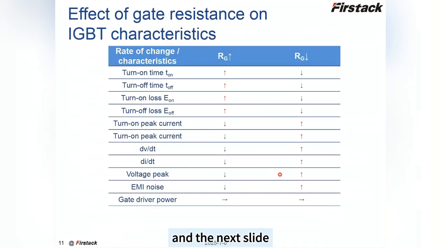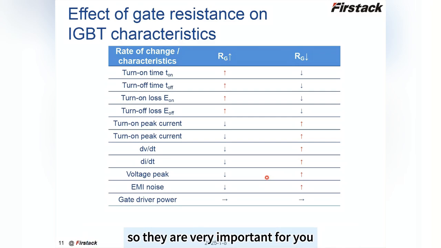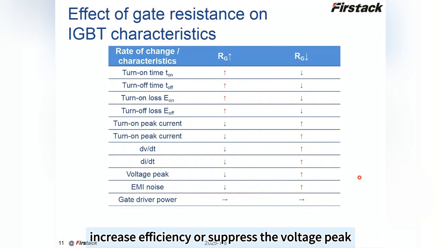And on the next slide, I want to show you some effects of gate resistance on IGBT characteristics. They are very important when you want to change the gate resistance, because during the test you change the gate resistance frequently, maybe because you want to increase efficiency or suppress the voltage peak.